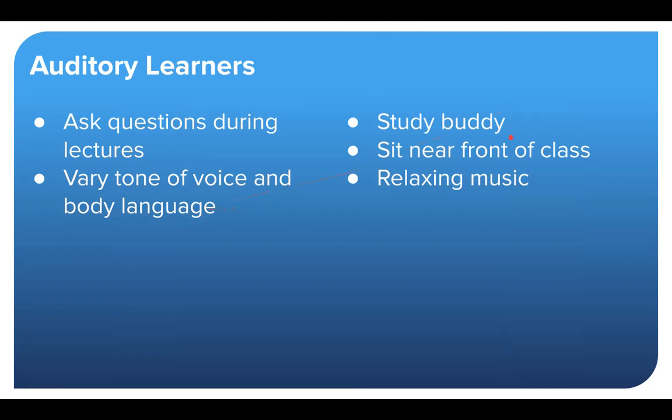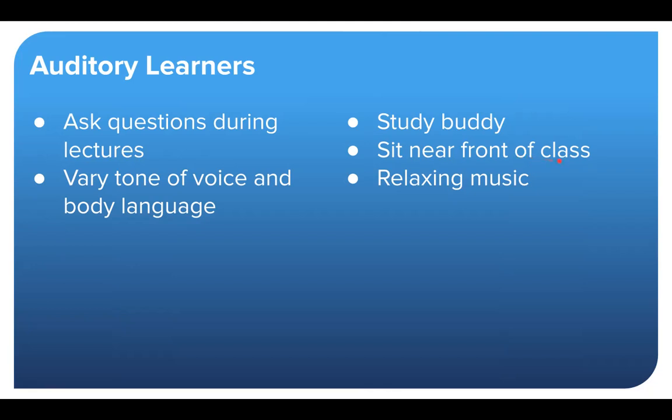For auditory learners as well, you could assign them a study buddy, so that they can talk through ideas without too much pressure, and they don't necessarily need to constantly be asking questions. They'll have a study buddy, and if it's the right study buddy, they can work together quite well. You should sit auditory learners near the front of the class.